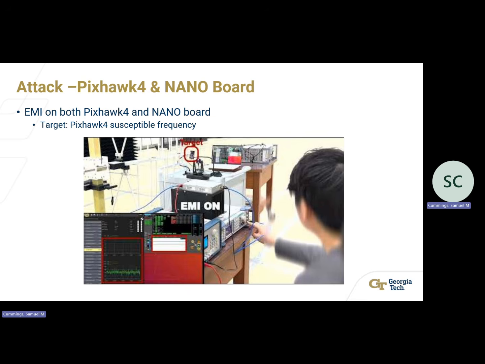So let's go ahead and watch this. I do want to point out the bottom left is the Pixhawk 4 data, and then in the middle right of the screen, highlighted in red, that is the Nano board data.